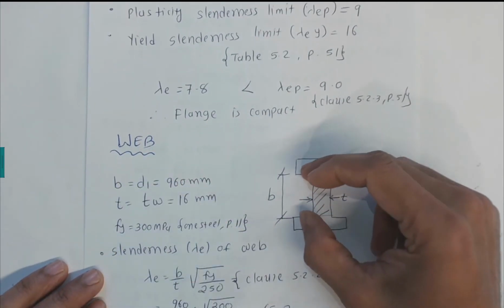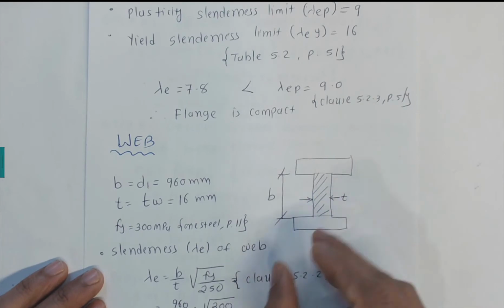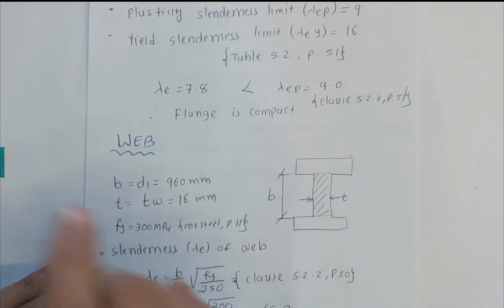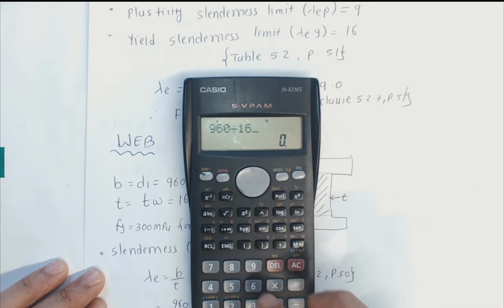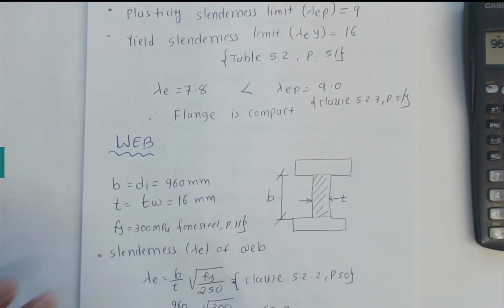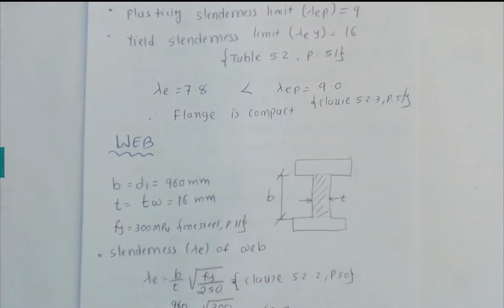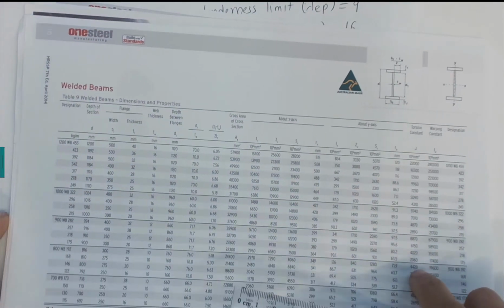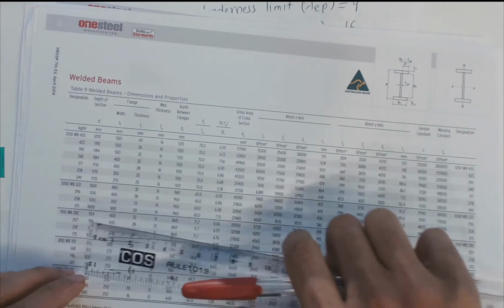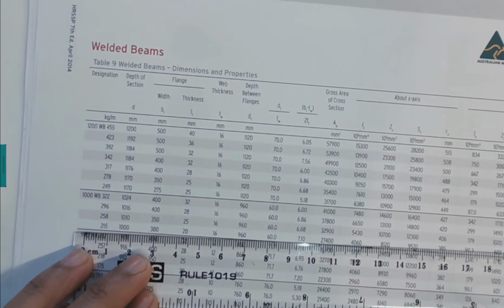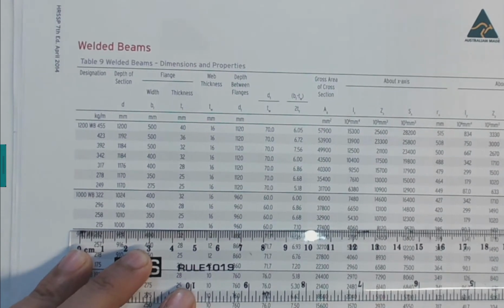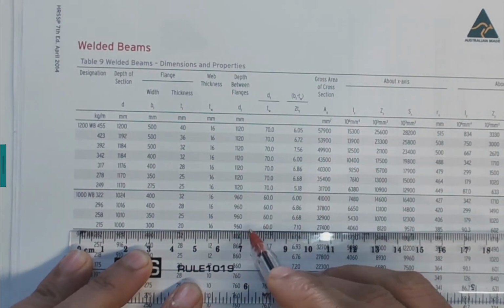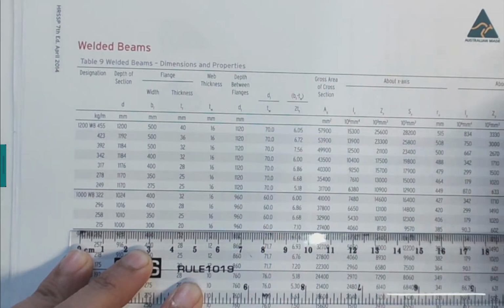Now for the case of the web, we have this b and t. Again, this b over t ratio, which is 960 divided by 16, is 60. We can find it from the steel table. So that is 60, and that is 60 here, d1 divided by tw.